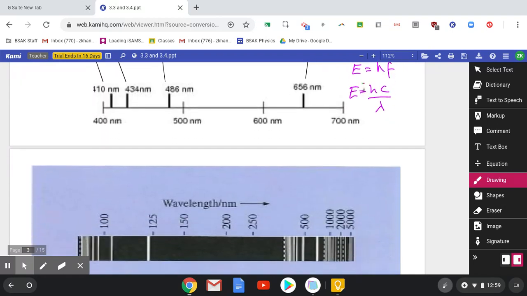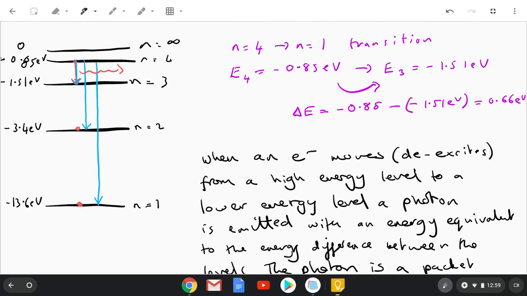That fixed energy corresponds to a de-excitation or transition from a high energy level to a low energy level, which are fixed inside an atom. That is the explanation you must provide to make the link between line spectra and the energy level diagram.